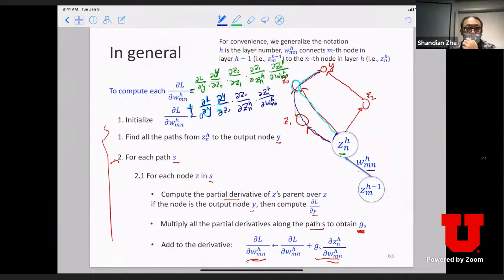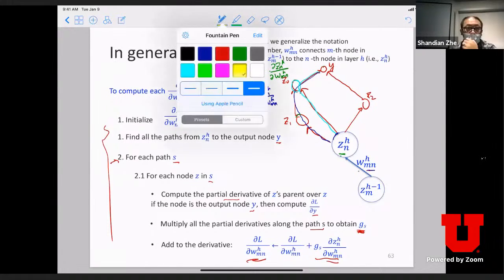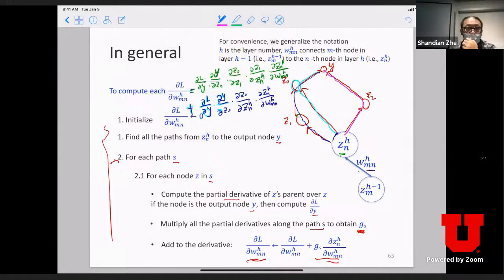And remember, we have a third path. Along this one, I have to compute the third term. It's again partial L over partial Y, and then you move to Z2, so it's partial Y over partial Z2, and then partial Z2 over partial ZNH, then times partial ZNH over partial WMNH.